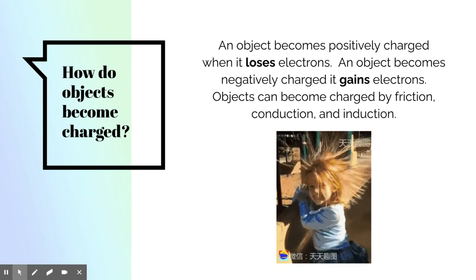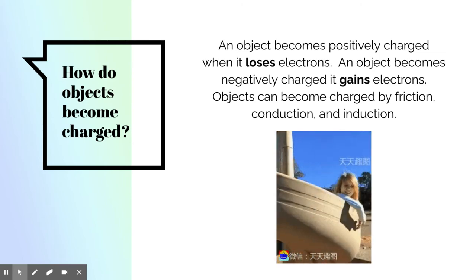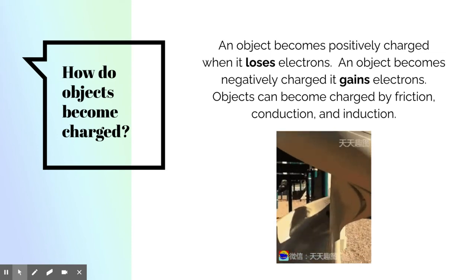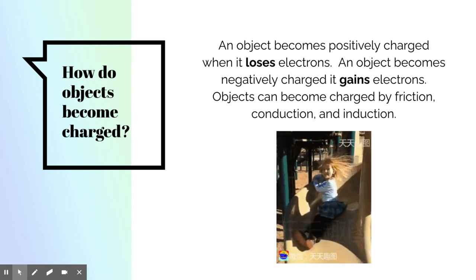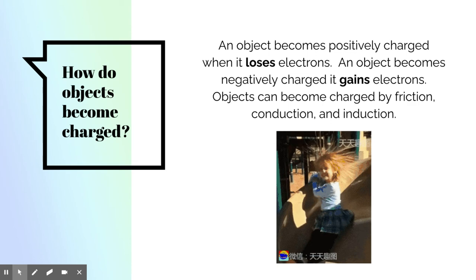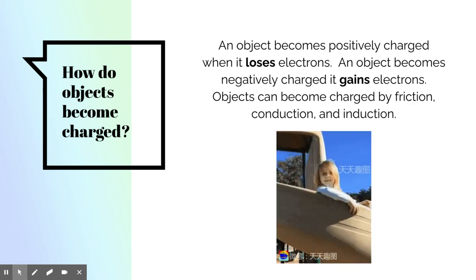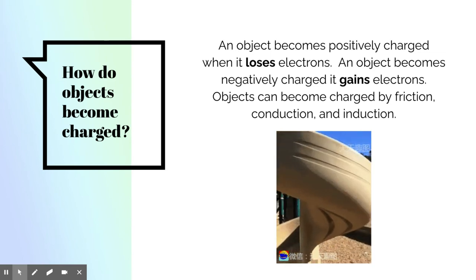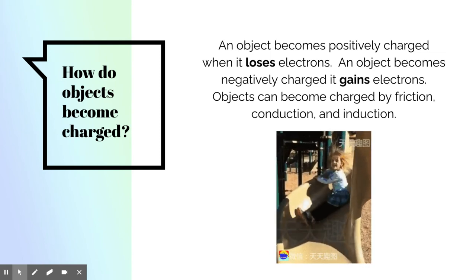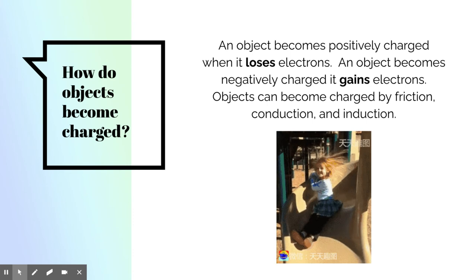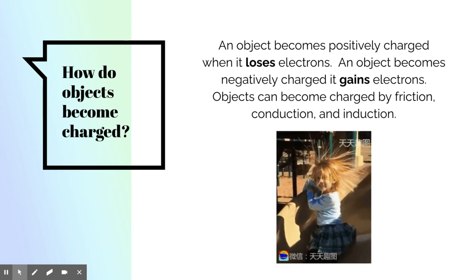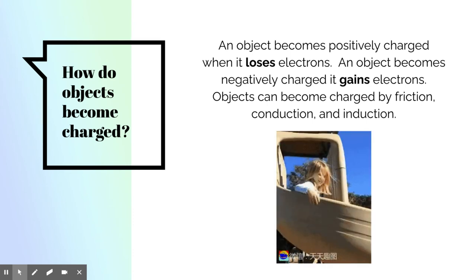So if it loses the thing that makes it negative, think of it as a number line. And if you get rid of negative numbers, you're actually getting a positive number instead. So a positively charged object, when it loses electrons, it becomes positive.